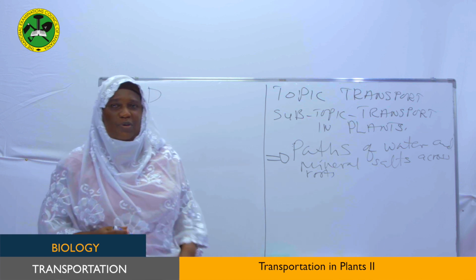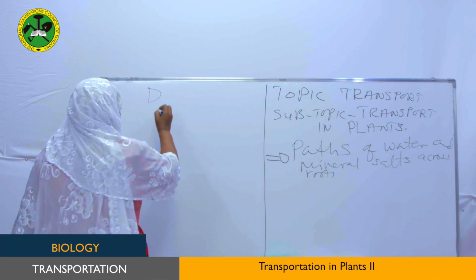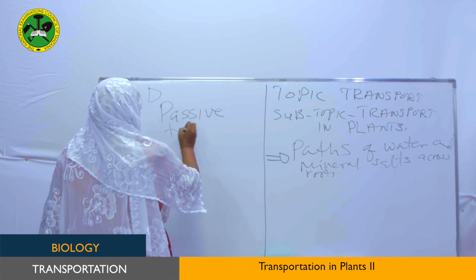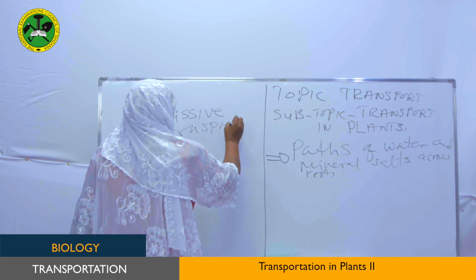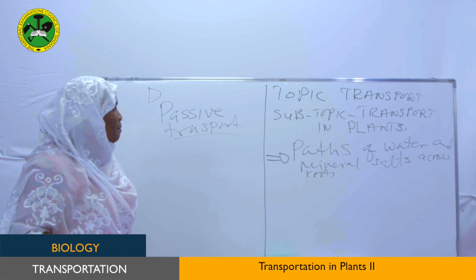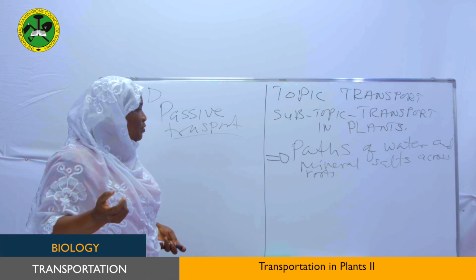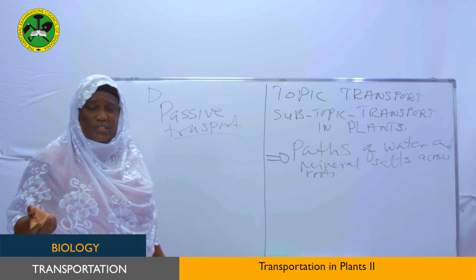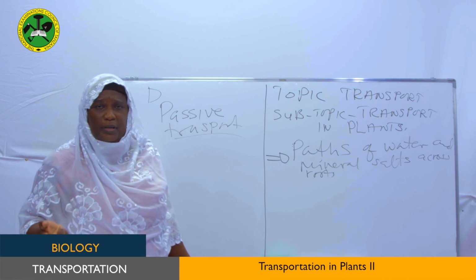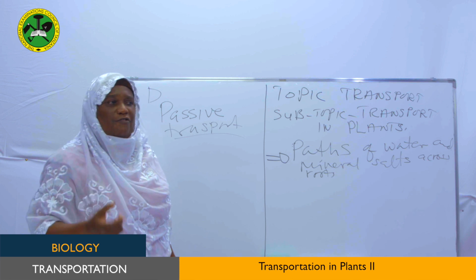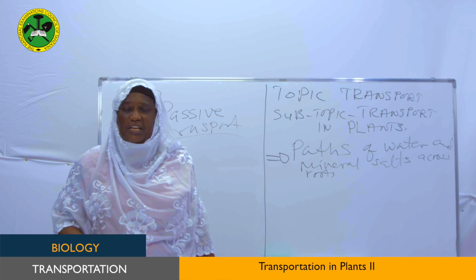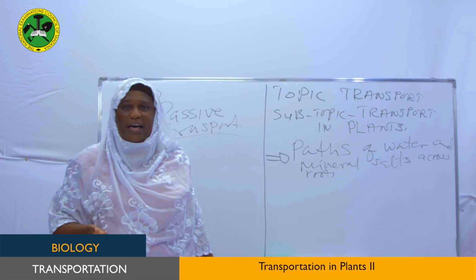Here, I'm going to start with the passive. Passive transport. Mind you that we saw the vascular tissues, and we said that for the case of higher organisms, they should have the transport system which will enable materials to be transported from one point to another.